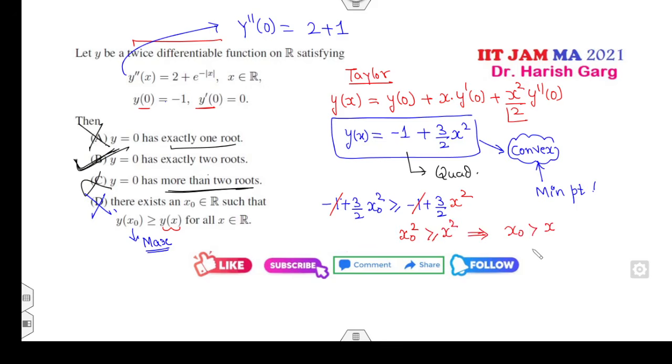Either it is greater than x or -x₀ is fine. लेकिन x ∈ R से है, तो अगर मैं x की वैल्यू को इन्फिनिटी तक ले जाऊं तो x₀ से ऊपर कभी कोई मिलेगा ही नहीं नंबर आपको. So that option is cancelled. B option is the right answer. But easiest way is you can see this function is my convex function. Convex function always gives you the minimum point, लेकिन यहाँ पे आपको maximum मिल रहा है.